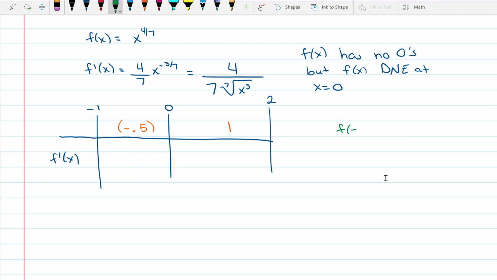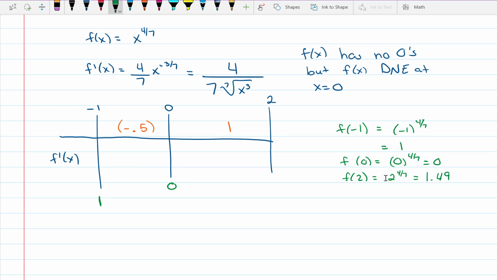So f of -1 is equal to -1 to the 4/7, which is equal to 1. So I'm going to put a 1 right here. F of 0 is equal to 0 to the 4/7, which is 0. And f of 2 is equal to 2 to the 4/7, which is about 1.49.